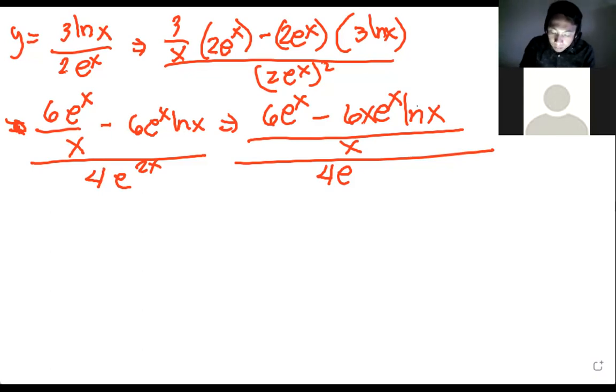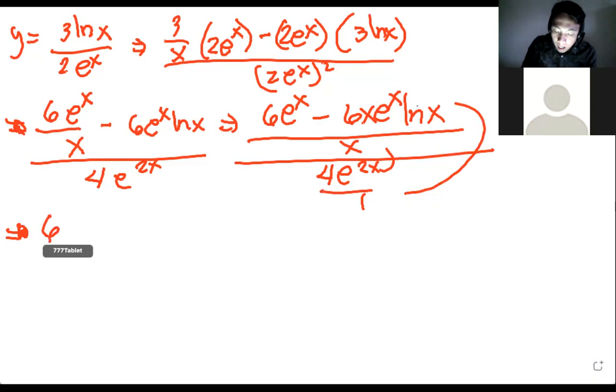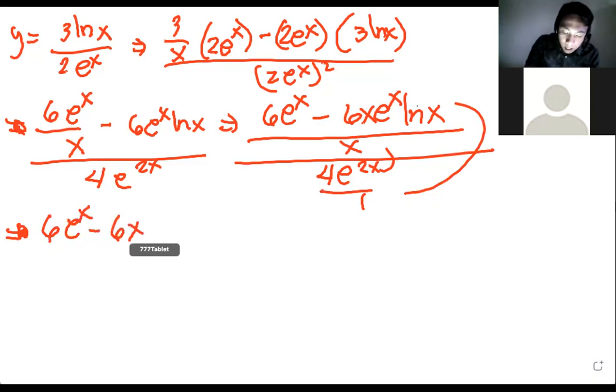Okay, then I will go down here again para makuha ang simplification niya. So I will just combine here and combine that. So we have 6e raised to x minus 6xe raised to x ln x all over 4xe raised to 2x.